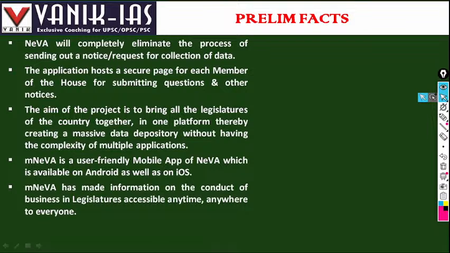NeVA is the user-friendly mobile app of e-Vidhan, available on Android as well as iOS. e-Vidhan has made information on the conduct of business in the legislature accessible anytime, anywhere to everyone authorized for it.